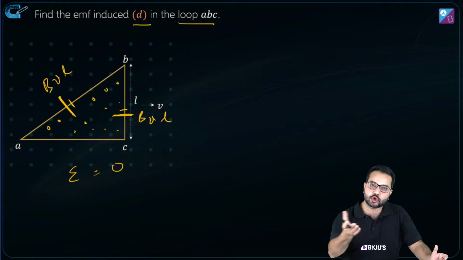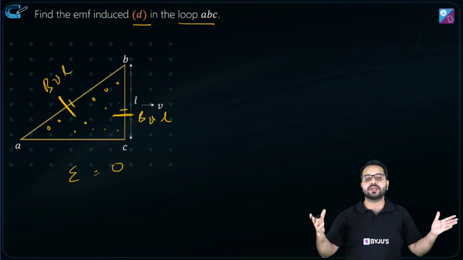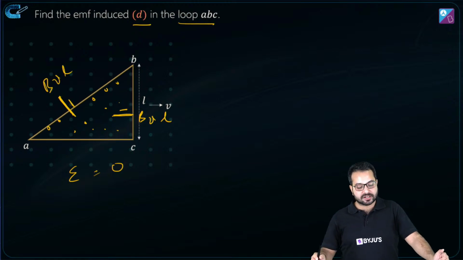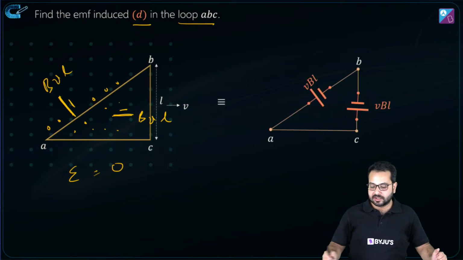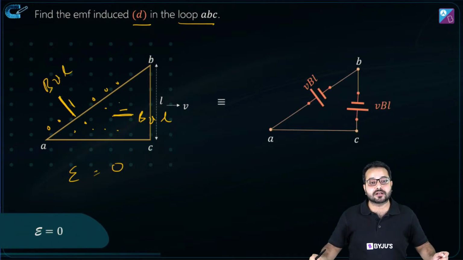And if the flux is constant, then obviously d phi by dt is going to be 0 and EMF is going to be 0. Is that correct? Okay. So there are two ways to look at this question, but it becomes very clear that the EMF is going to be 0 no matter how we look at it. Captain, as always, is absolutely right. No changes in flux, hence no changes in EMF.